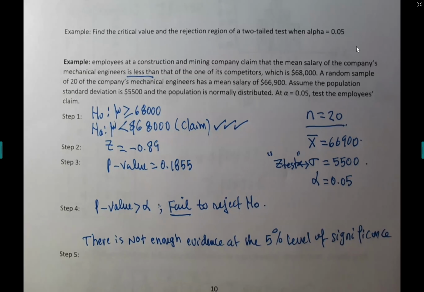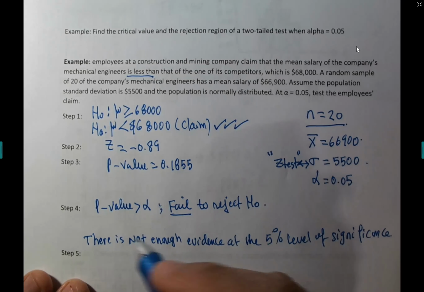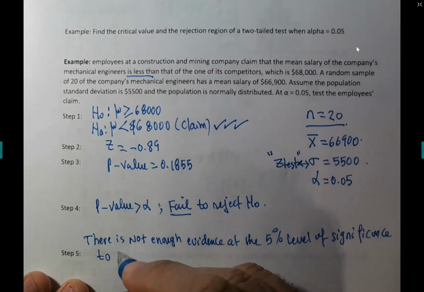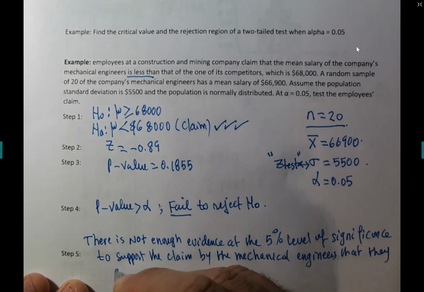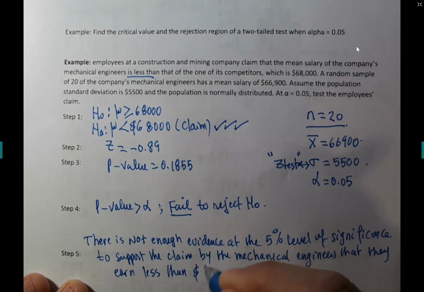That's a probability, that's a level of significance alpha. There is not enough evidence to support the claim by the mechanical engineers that they earn less than 68,000.